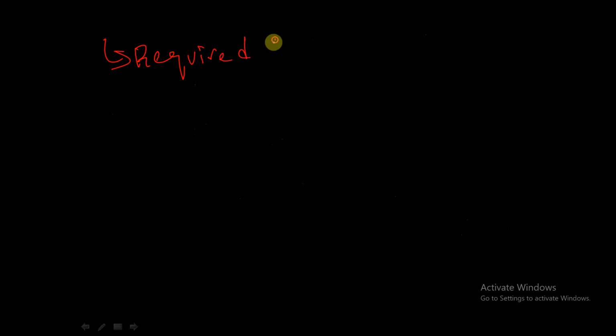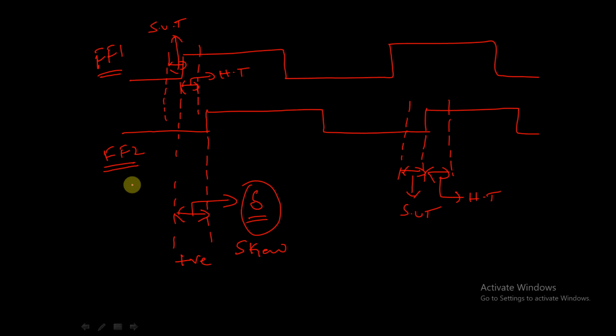What is the required time here? Previously, how did we calculate the required time? What was the clock which is given to flip flop 2? I'll draw the clock for your reference. So this was the clock given in the previous session without skew, right? What was the required time?